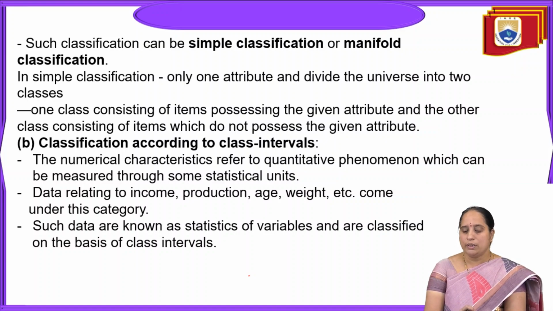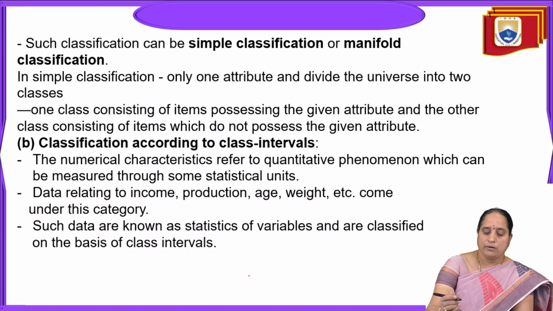It is a quantitative phenomenon which can be measured through some statistical units, right? In case of data relating to income, production, age, height, weight, all these things come under numerical or quantitative phenomena. Such data are known as statistics of variables and are classified on the basis of class intervals.